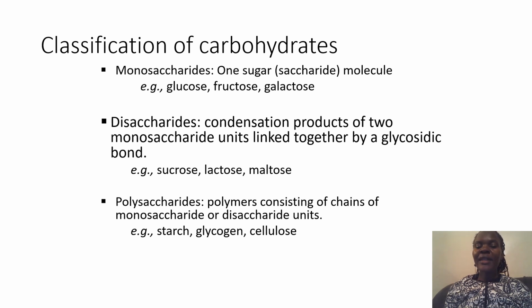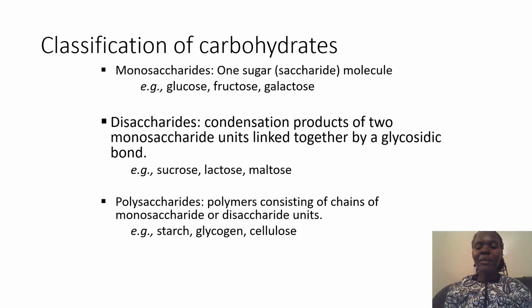Then the second class are the disaccharides. From the name, di means two. It's a condensation product of two monosaccharide units, linked together by a glycosidic bond. A glycosidic bond is found in the carbohydrates.